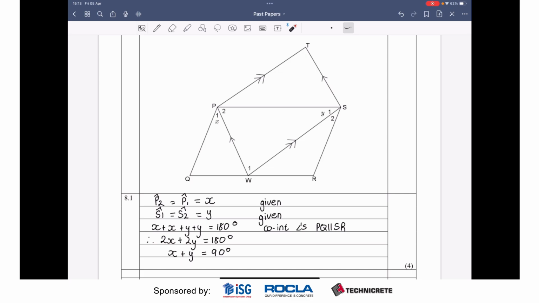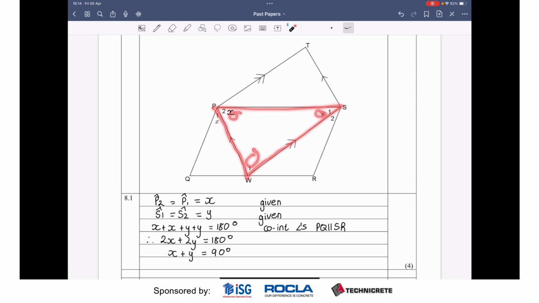Okay, and I'm going to use the fact that in the previous question I found that x plus y is equal to 90 degrees. So I know that P2 is also x and that S1 is y, I was told that. And if I look in this triangle here, I know that the sum of these angles must equal 180 degrees, like in every triangle, which means that this x plus y plus W1 must equal 180.